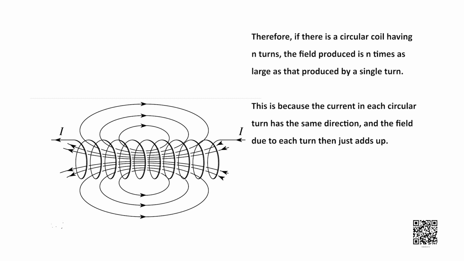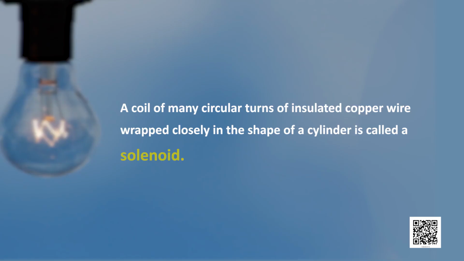This is because the current in each circular turn has the same direction, and the field due to each turn then just adds up. A coil of many circular turns of insulated copper wire wrapped closely in the shape of a cylinder is called a solenoid.